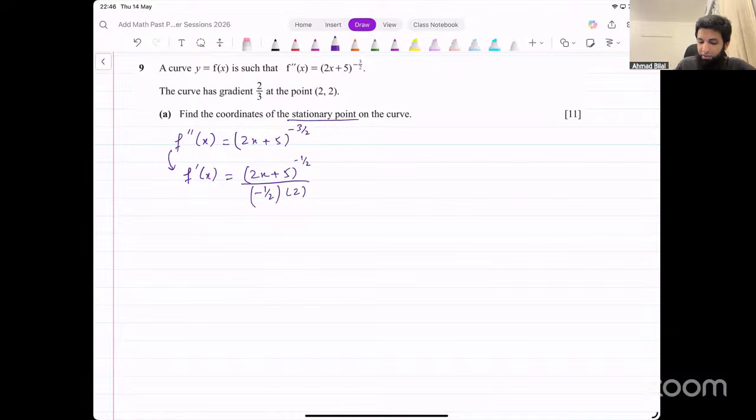Now in the denominator, 2 and 2 get cancelled. What are we left with? We have a negative sign. Do not forget that. This is negative power, so I can write it like this: minus 1 over 2x plus 5 whole raised to power 1 over 2 and plus c outside. Okay. Now this is the derivative that we're getting.